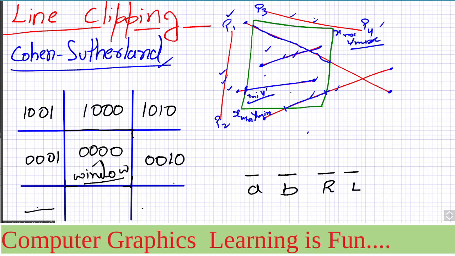Can you tell me? It is in the left below. So 0 1 0 1. Yes. In the last one it is on the right side and below also. Done. Very good.